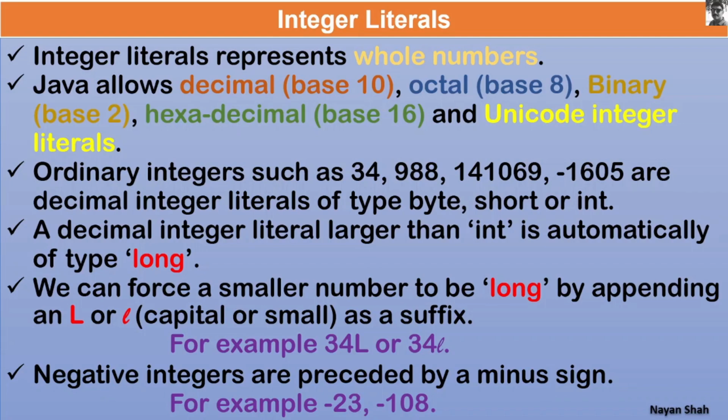I hope you understand that octal number system means it has only 8 digits: 0, 1, 2, 3, 4, 5, 6 and 7. 0 to 7. That's it. Binary is very popular, so you would know that binary is base 2 and there are only 2 digits, 0 and 1.